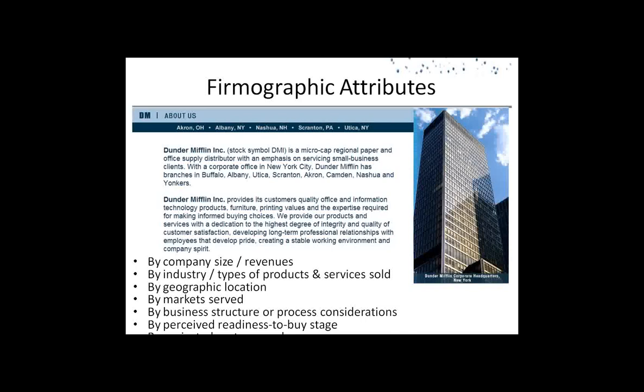Is it centralized? Is it sort of a federated system? Who's making the buying decisions? And perceived readiness to buy stage. So that's pretty sophisticated, and we found that only 19% of companies are looking at readiness to buy stage, probably because it's hard to get that information. It requires lots of analytics and lots of data that isn't readily accessible.